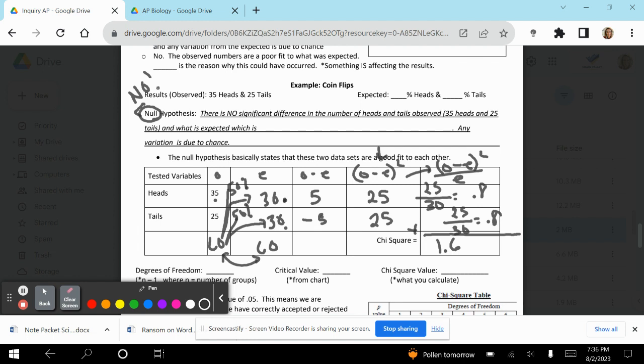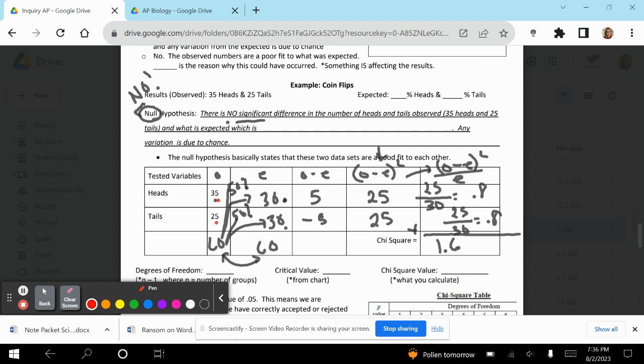So if I ask you to write the null hypothesis, then you're going to state that there is no difference in the number that we are observing. So in this case, we're observing 35 heads and 25 tails, and what is expected. And I encourage students to list what's being expected, and that's just to make sure that you don't make a very common mistake on a test whenever you're doing a chi-square.